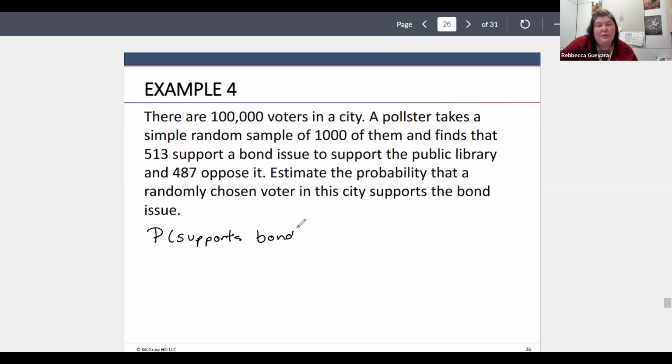In this case, we know there are 100,000 voters, but the pollster only looked at 1,000 of them. And of the 1,000, we see that 513 support the bond.